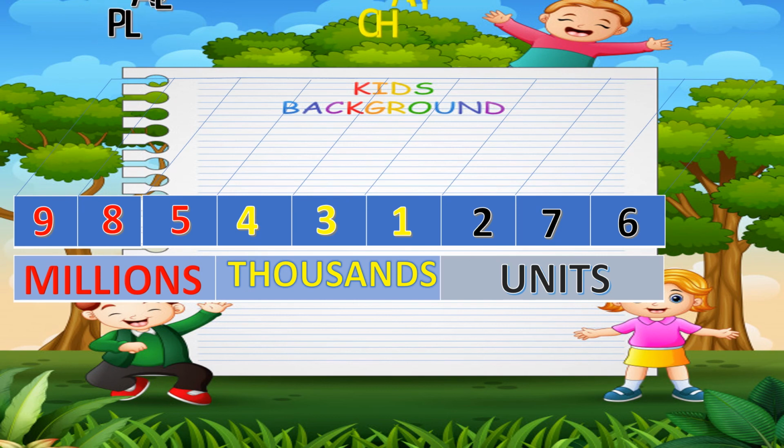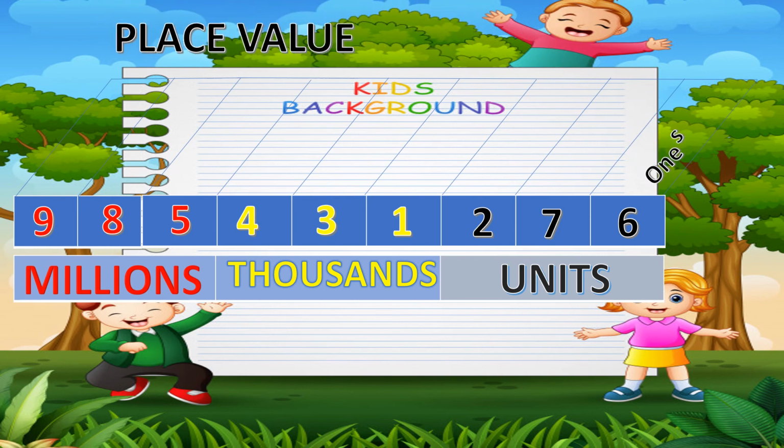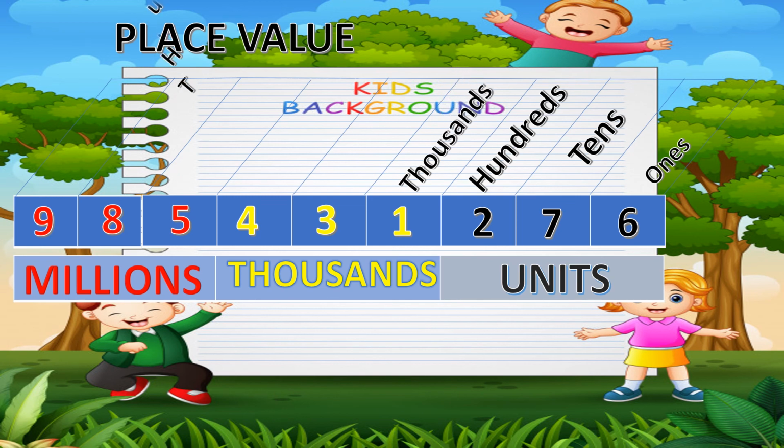We have here a place value chart. When a number is written, it's written in standard form. Each group of digits separated by a comma is called a period. The number you can see has 3 periods: units, thousands, and millions.